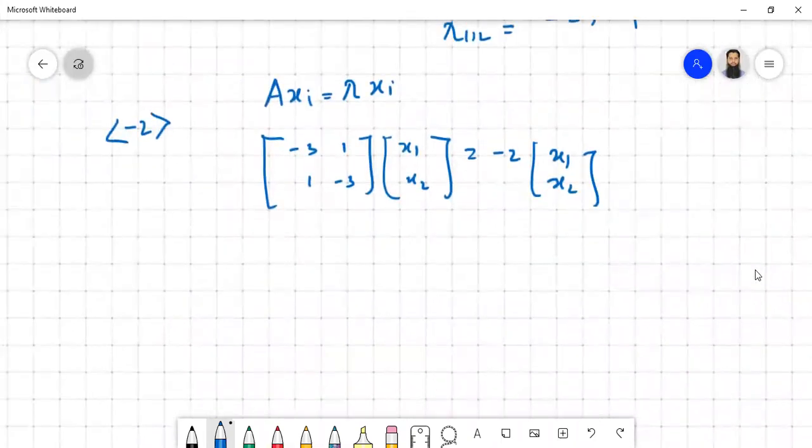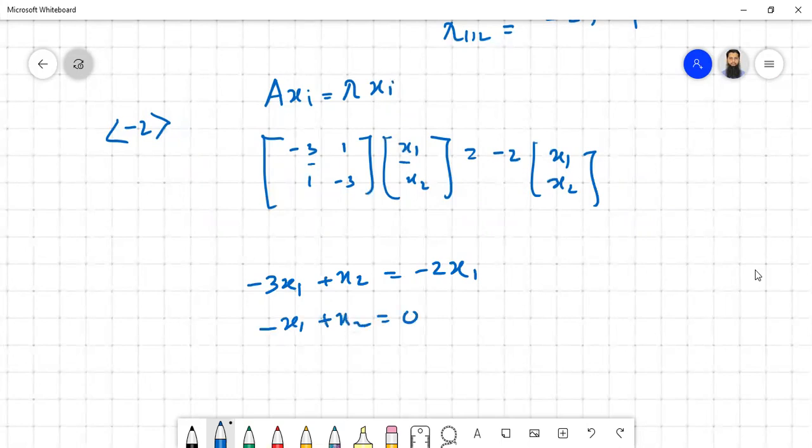Okay, so it will give us two equations. The first equation is minus 3 x1 plus x2 equal to minus 2 x1. So minus minus going here, so basically x1 plus x2 is equal to 0. So this will give us x1 equal to x2.